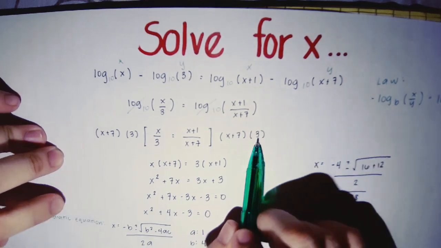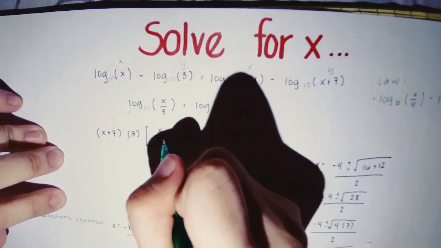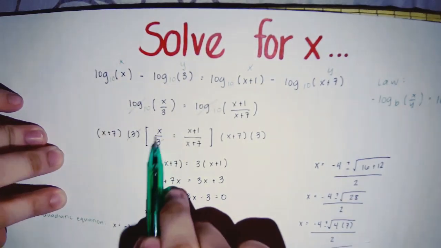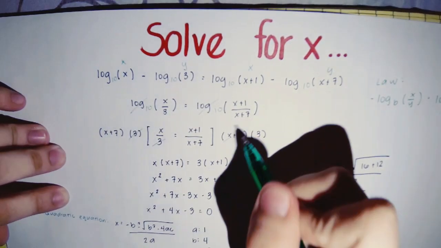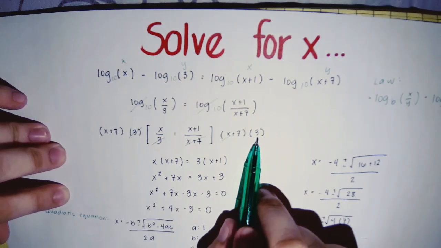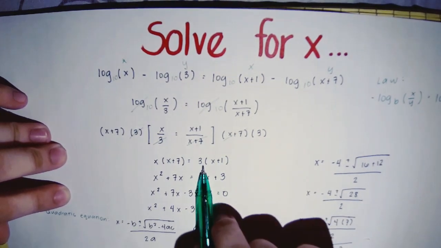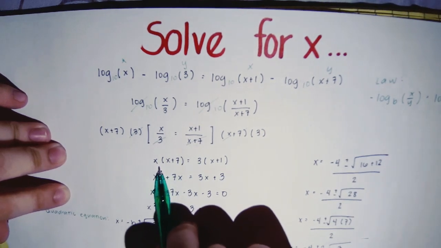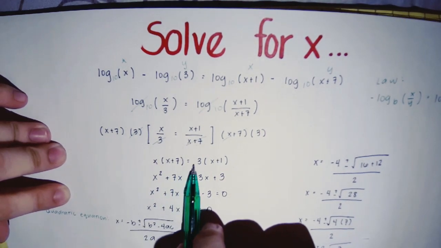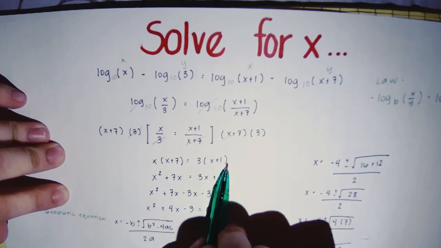Cancel 3 and we have x plus 7 and x, so it's x times x plus 7. On this side, cancel x plus 7 and we have 3 and x plus 1, so it's 3 times x plus 1. Now we have x times x plus 7 equals 3 times x plus 1.